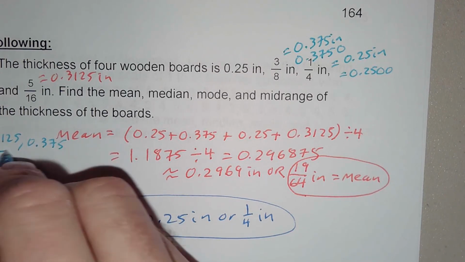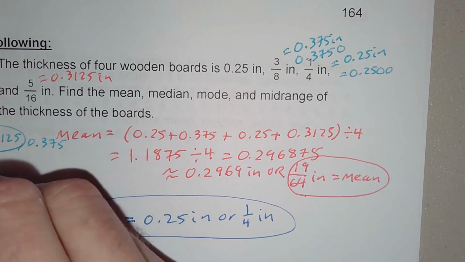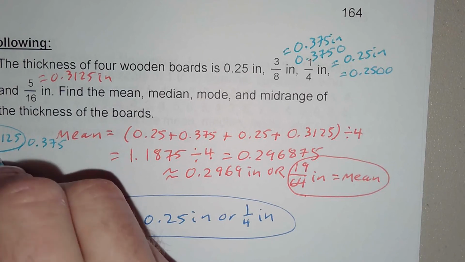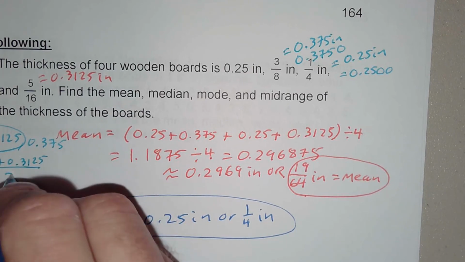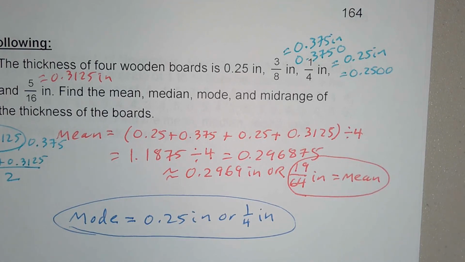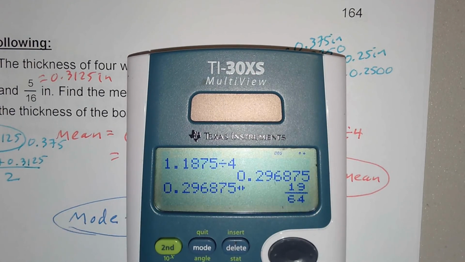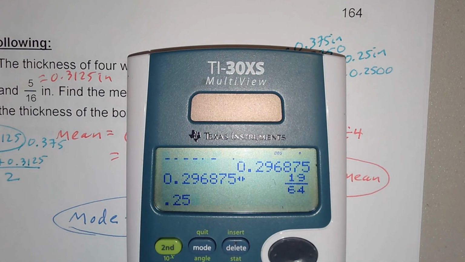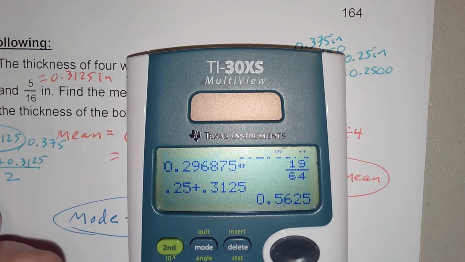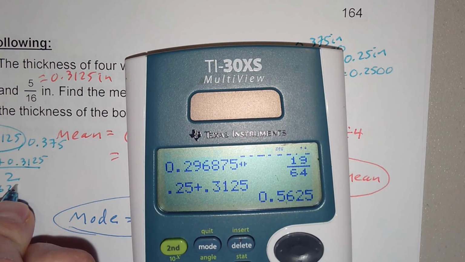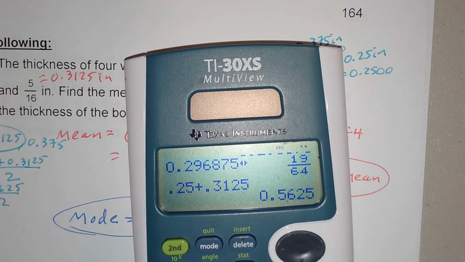So I'm going to have to average these two numbers together and then divide by 2. If you add them together, that's 0.5625 divided by 2.